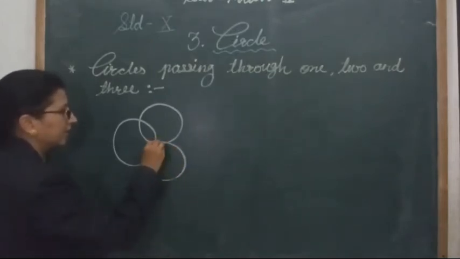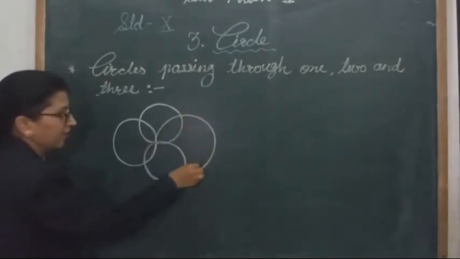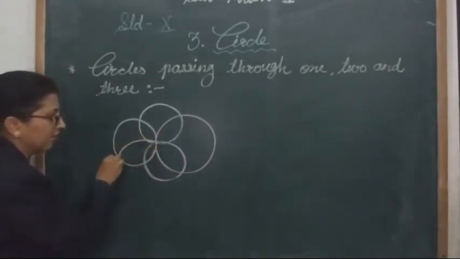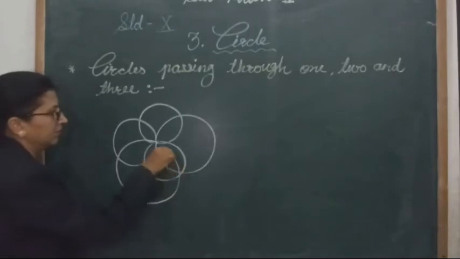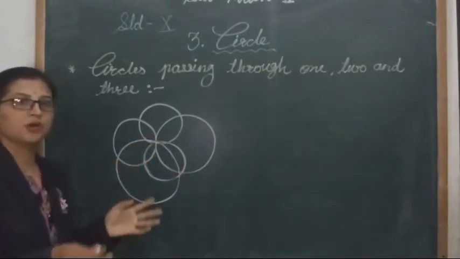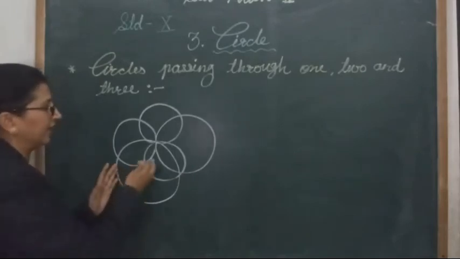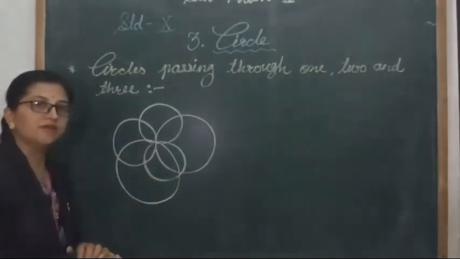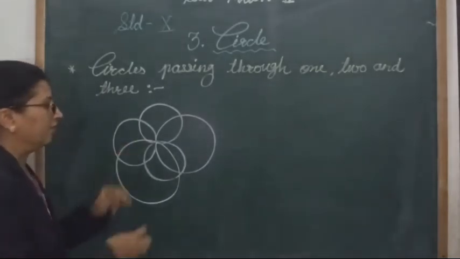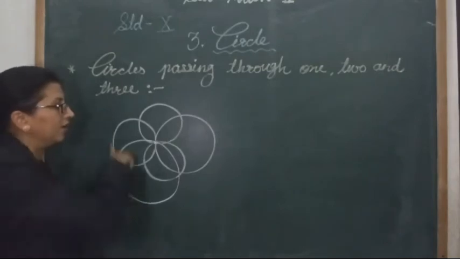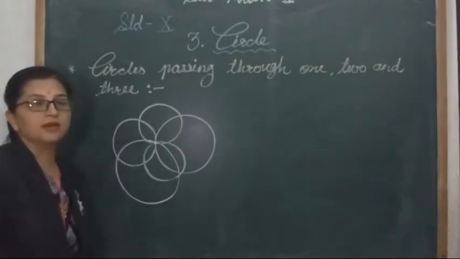In this way we can draw any number of circles passing through a single point. You might have applied this to draw designs. If you take all the circles of equal radii, you will get a beautiful flower. So from a point we can draw infinite circles.